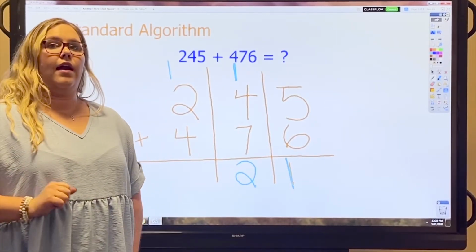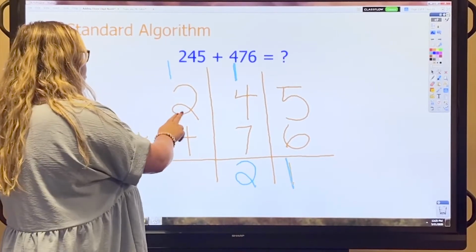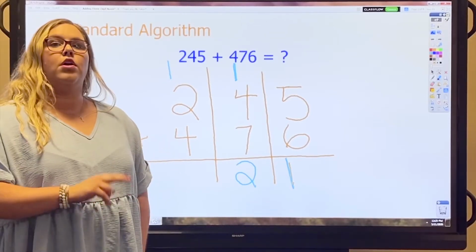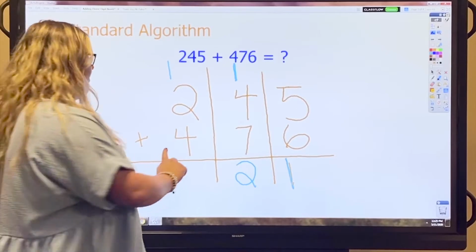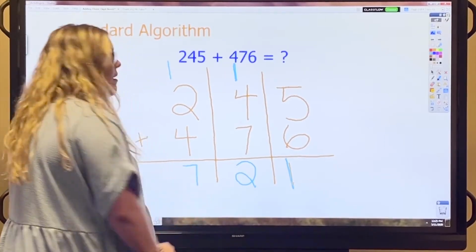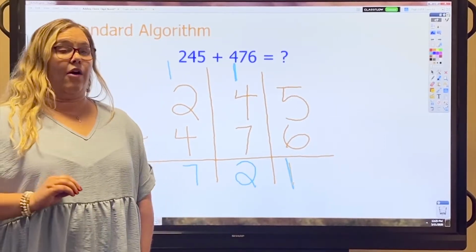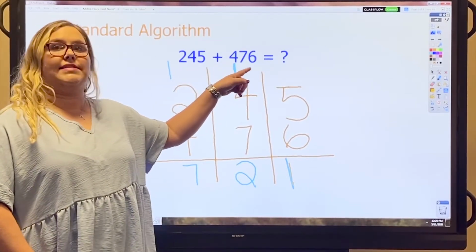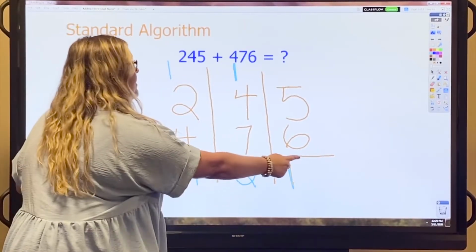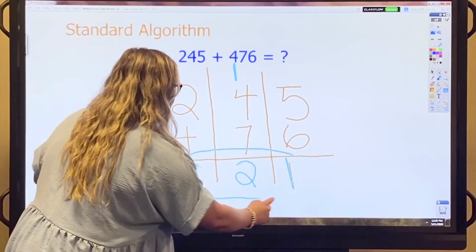Now that I'm here, I need to add 1, 2, and 4. 2 plus 4 is 6, and 1 more is 7. By doing this, I found out that 245 plus 476 is 721.